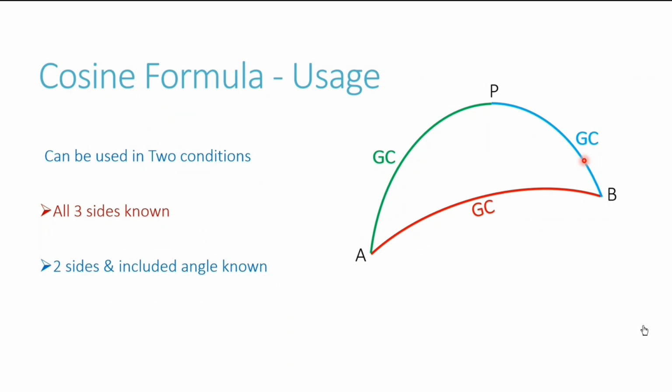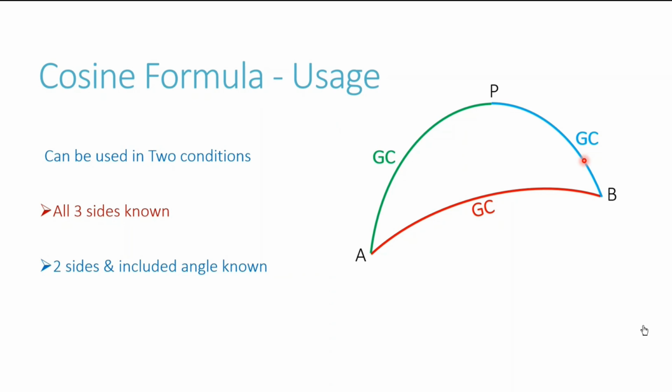Now, a doubt may arise in your mind that in case we have two sides and an angle which is not the included angle, how to proceed ahead and solve that triangle. So in that case, we have different methods with which it can be solved, but they are not required right now as far as the great circle problem is concerned.